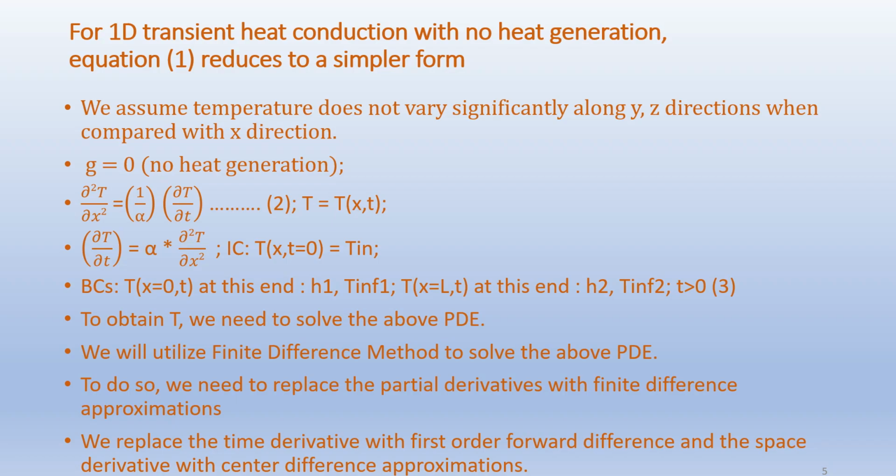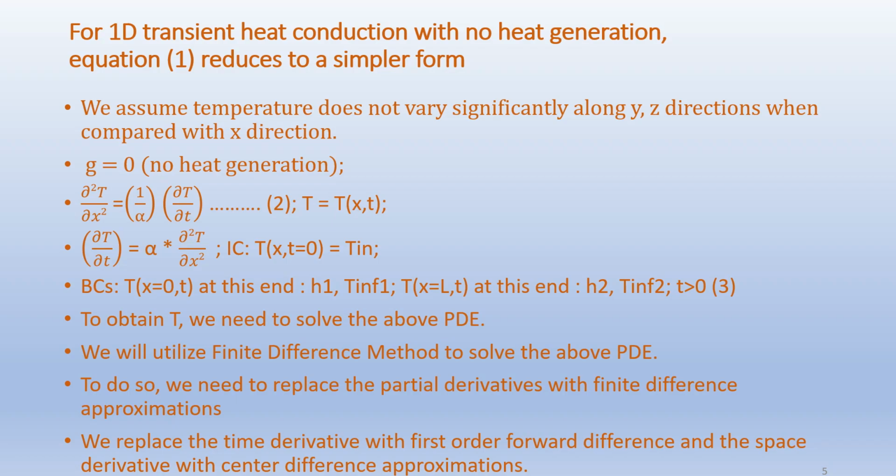This equation is rearranged as ∂T/∂t = alpha ∂²T/∂x². The initial condition is given as T at x comma t equals 0 equals Ti. The boundary conditions: at x equals 0 comma t, we have convection boundary conditions. As we discussed before, we have the values for h1 and T infinity 1, which are the convection heat transfer coefficient at end 1 and the ambient temperature at end 1.